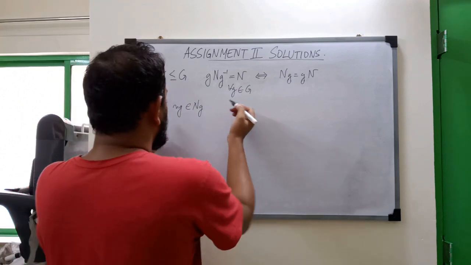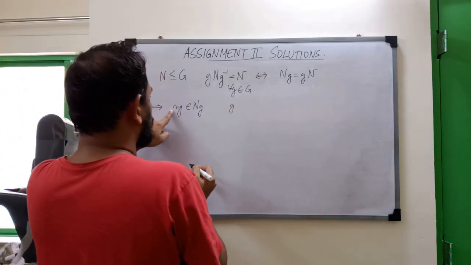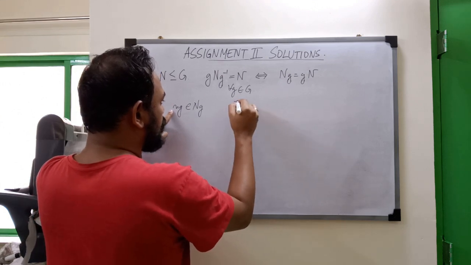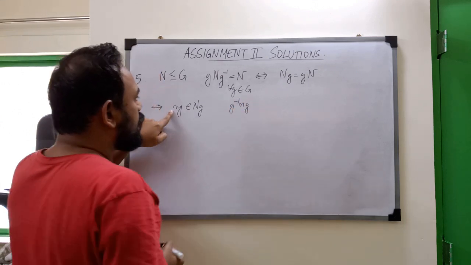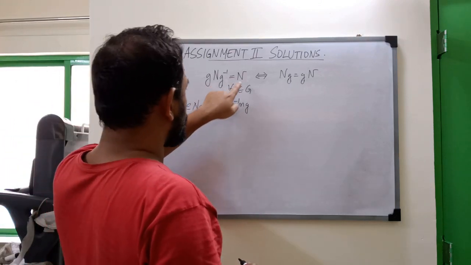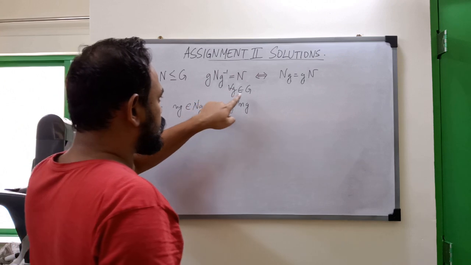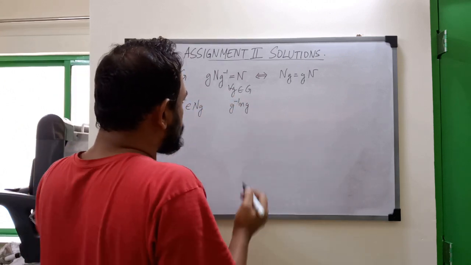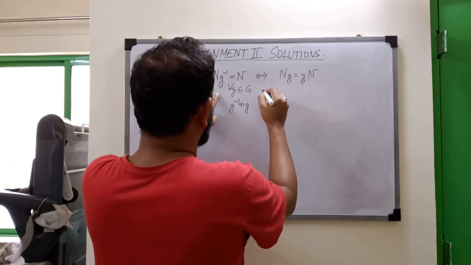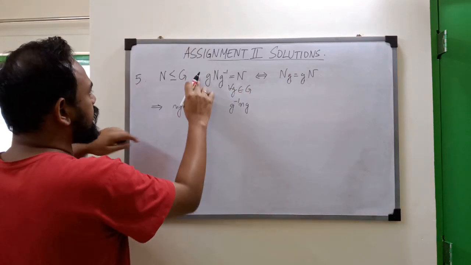Now, what I can do is first, let's look at this element g inverse Ng. This condition is true for all elements g in capital G. So, in particular, this is true when g is g inverse.